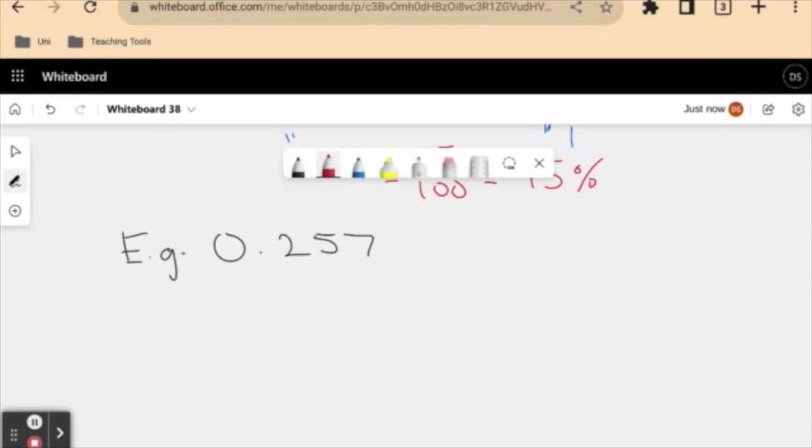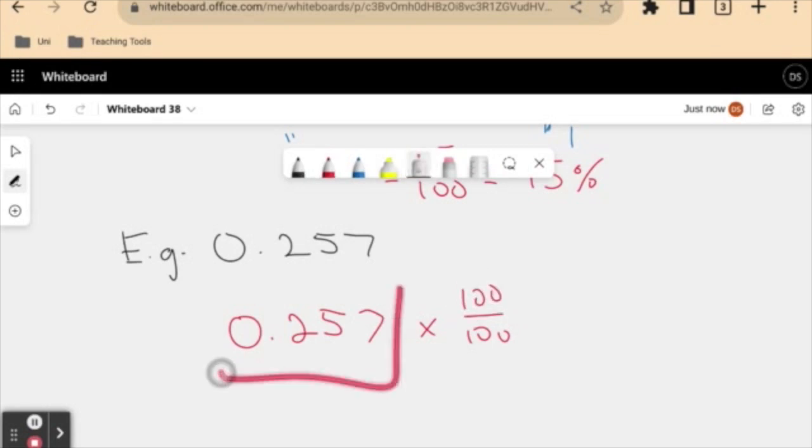Once again, we want to express this as a fraction of 100. So we'll have 100 on our denominator, and on our numerator, the only number we can put there that won't change the value of this one is 100, because 100 over 100 is equivalent to multiplying by 1.